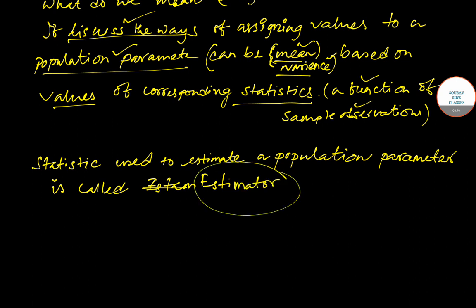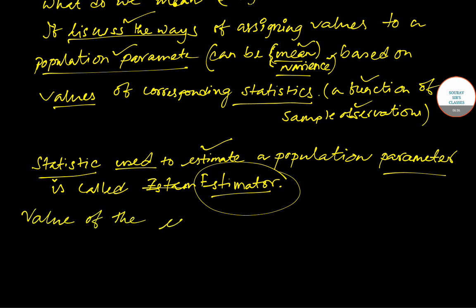So this is very important. The statistics used to estimate the population parameter is called the estimator, and the value of the estimator is called estimate.